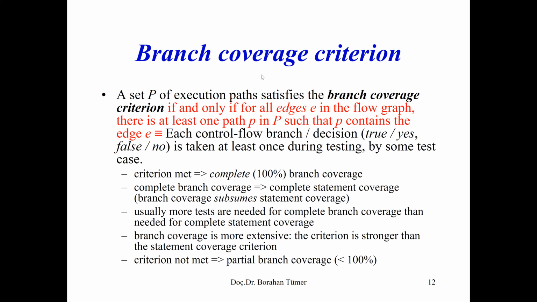the branch coverage criterion. Here we said that a set P of execution paths satisfies the branch coverage criterion if and only if for all edges E in the flow graph, there is at least one path P in P such that P contains the edge E. That is to say, each control flow branch decision is taken at least once during testing by some test case.